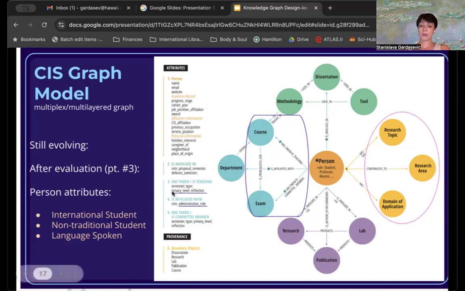And then for these two, there is this attribute called privacy level, for the reflection. So students were able to leave their comments on the courses they have taken or exams they have taken and say whether they want this comment to be public, only for the CIS students, or private.